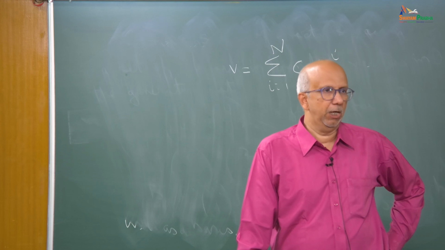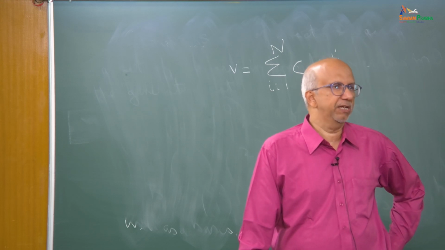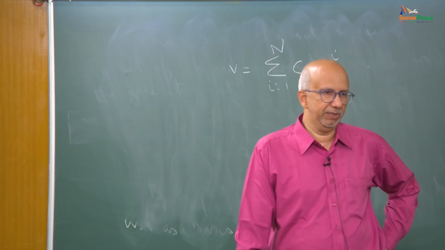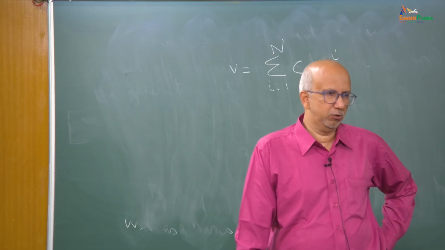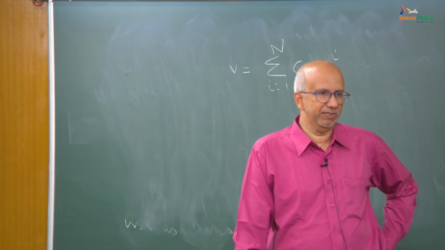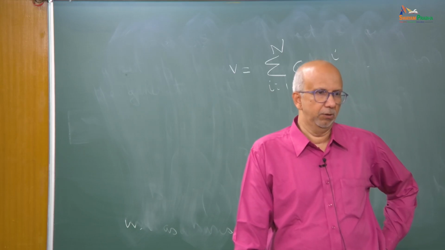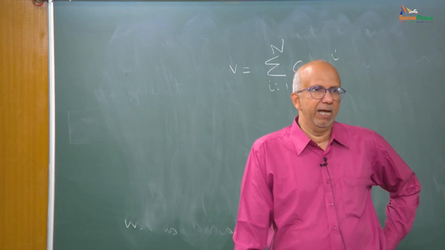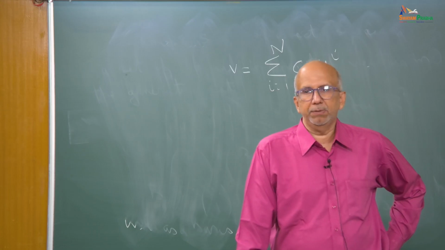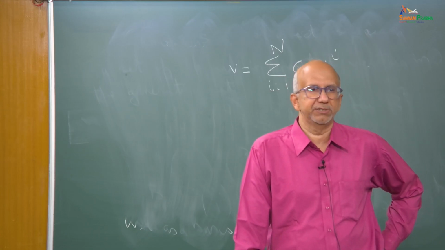Now, when I write like this, what is given to me and what do I have to find out? What is given to me is the basis, and also the vector v. I need to find out these coefficients Ci. So, my question is, are these coefficients Ci unique? Can there be multiple solutions to the Ci?